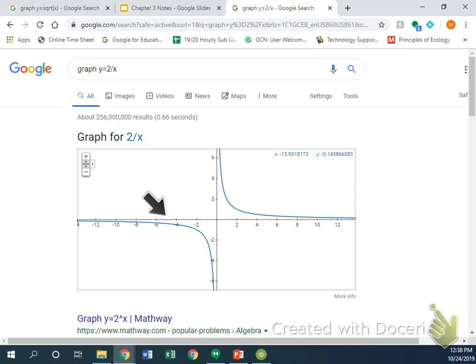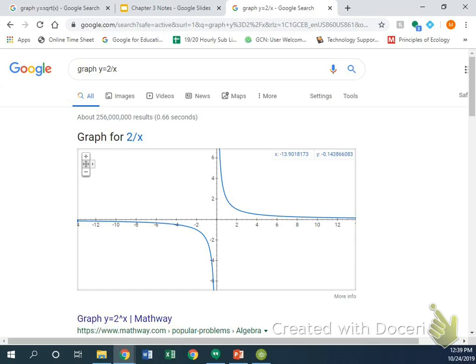At x equals 0, it doesn't actually ever touch the y-axis. It gets really close at the top and the bottom, but it would never actually touch it. So that's part of why you can't plug in 0 for x, visually at least. And also we can see from this graph that this definitely is not a straight line.